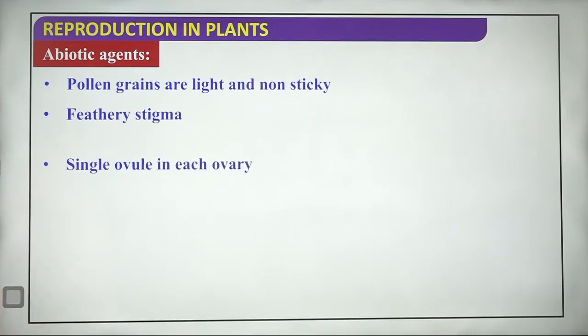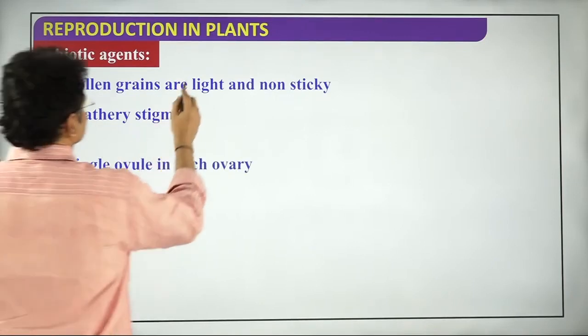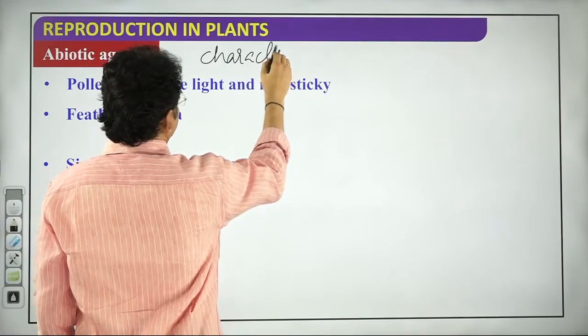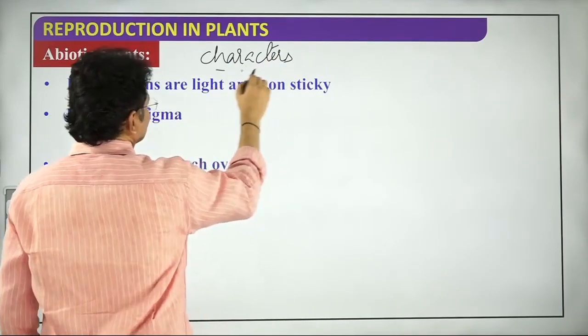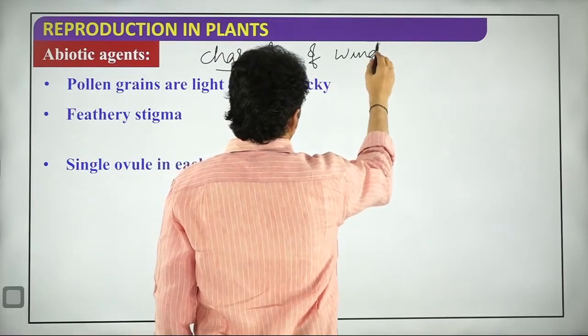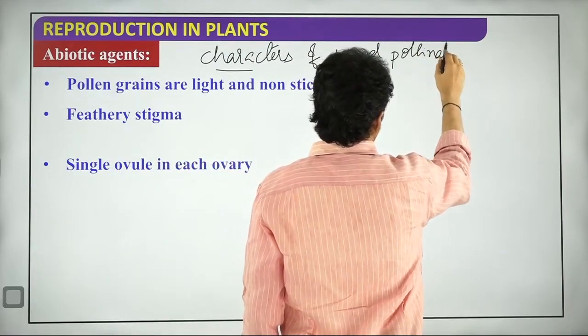What are the characteristic features of wind pollinated flowers? It is an important area to ask so many questions. What are the characteristic features of anemophilous, or wind pollinated, flowers?